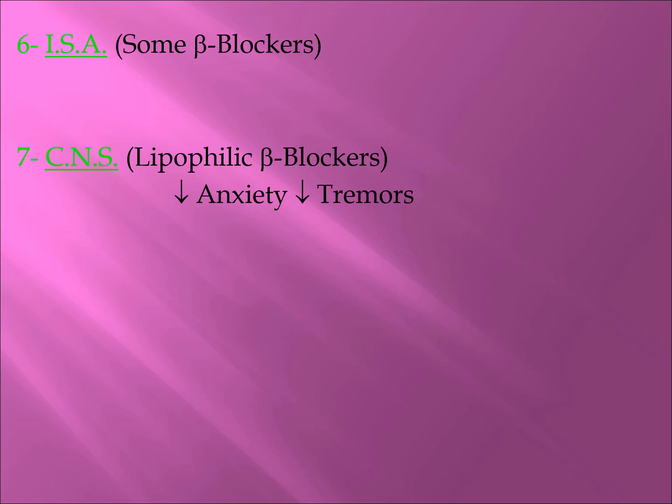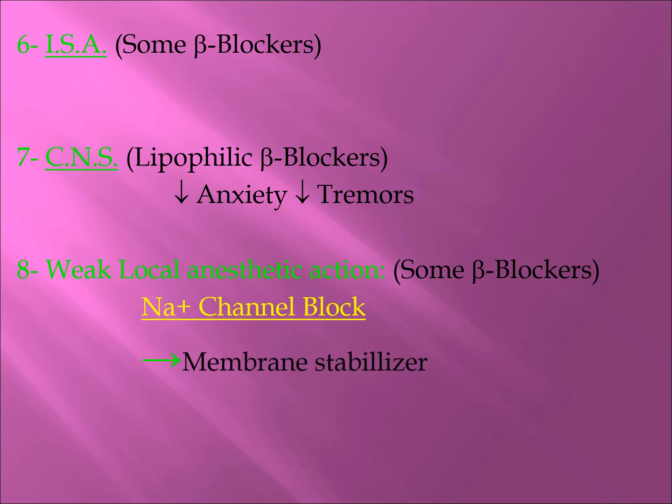They stimulate and block beta receptors, and others are antagonists. On the CNS, beta blockers which can cross to the brain reduce anxiety and reduce tremors. Weak local anesthetic action occurs with some beta blockers due to blocking of sodium channels. This is called membrane stabilizing action.